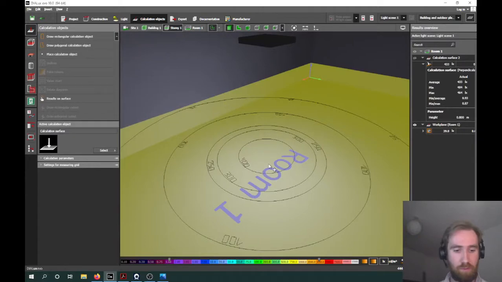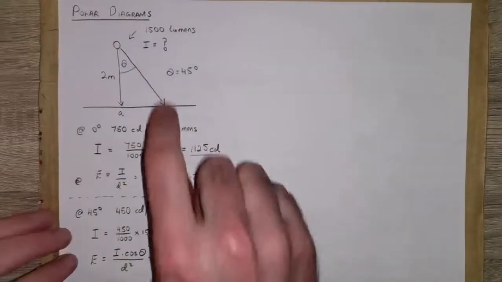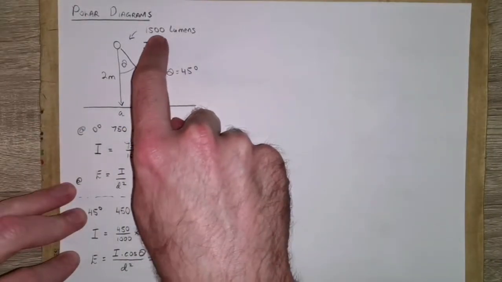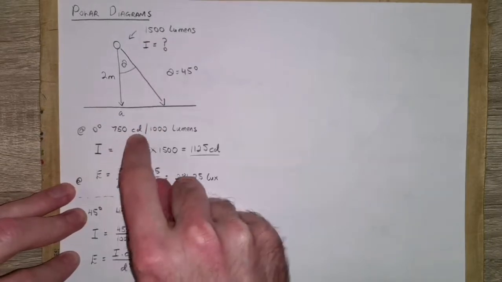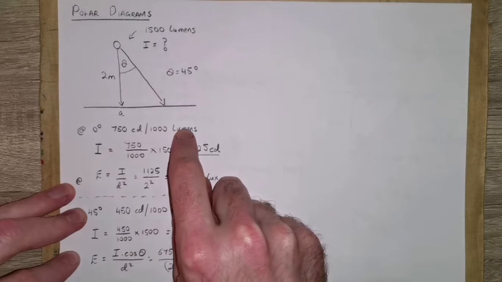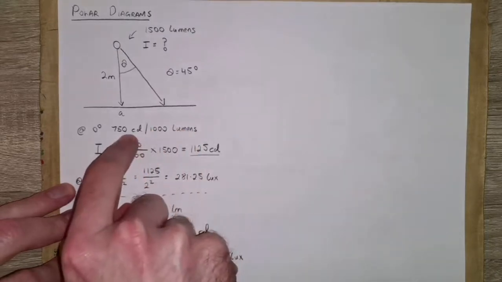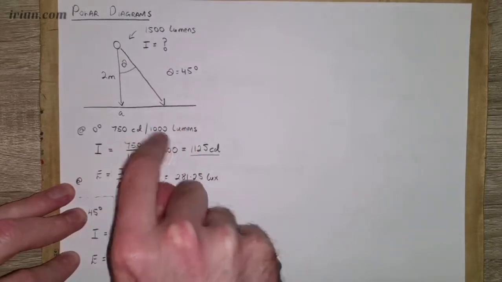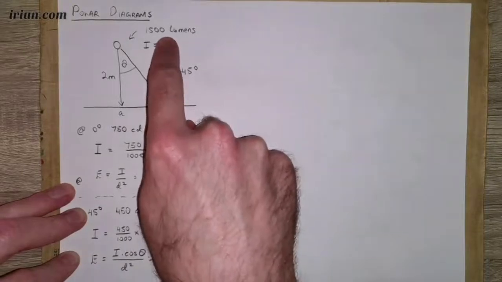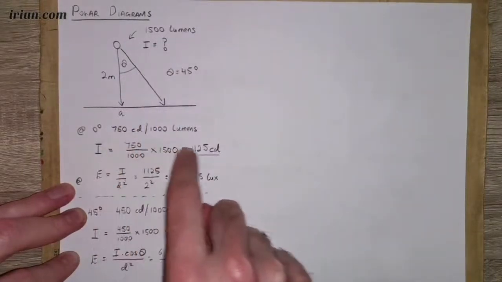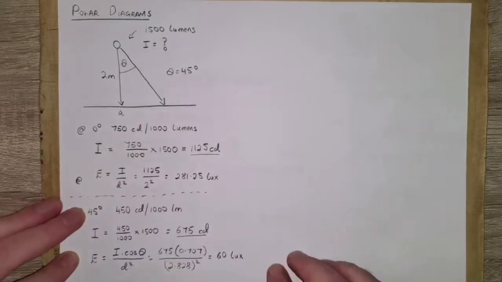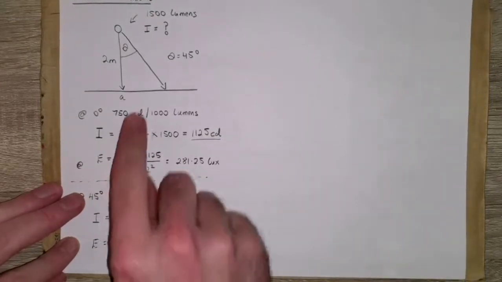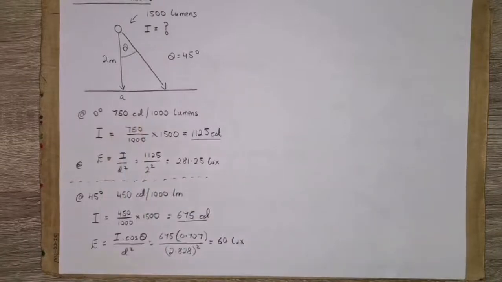So just to refresh, in this example we did not know our luminous intensity, but we used information from our polar diagram to work out the intensity per lumens, combined that with the lumen information of the light to get the overall intensity for that position, and this then allows us to work out the illuminance. And the same then for the second position here at 45 degrees.